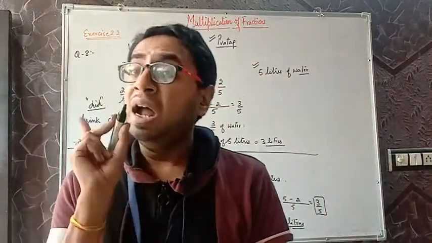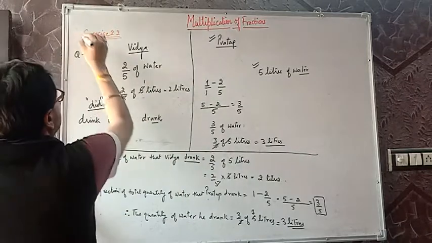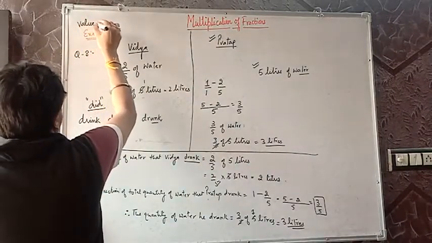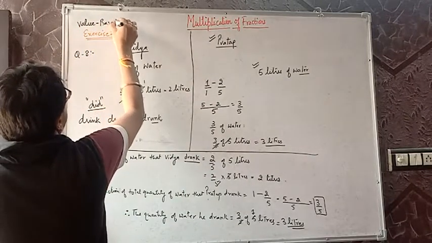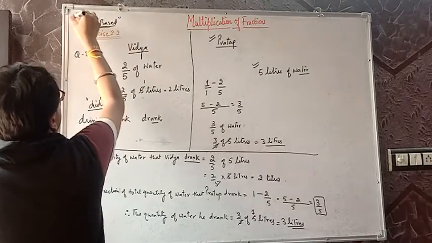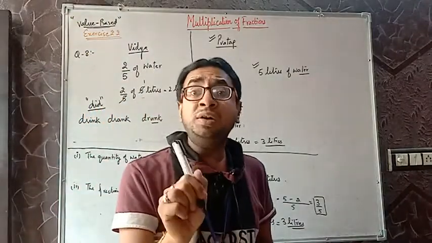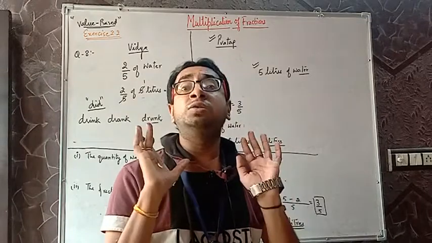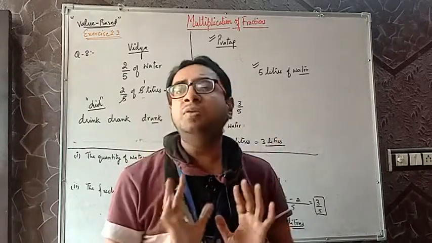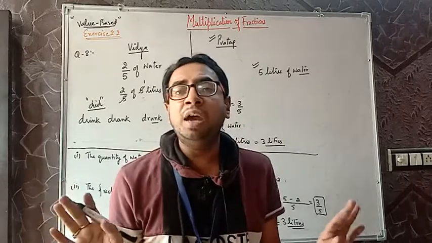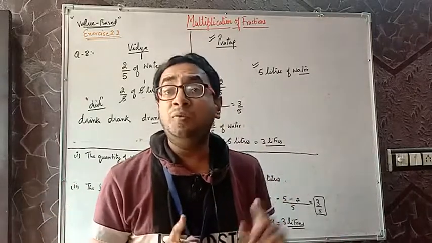This is a very value-based question. It shows the importance of drinking water in day-to-day life. Your blood circulation will be very proper. Drinking water daily purifies your blood also, and there is proper circulation of blood. No clotting will be there in your blood. It's a very good benefit of drinking water.